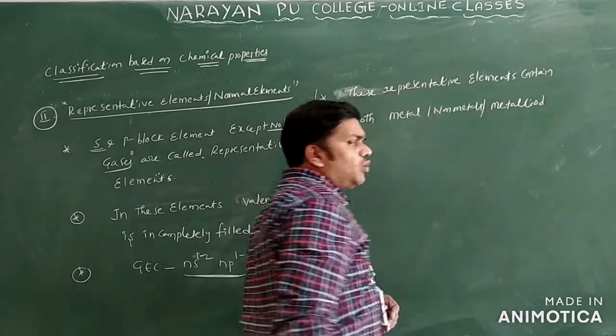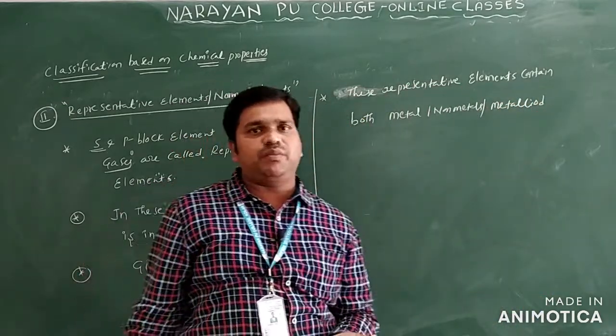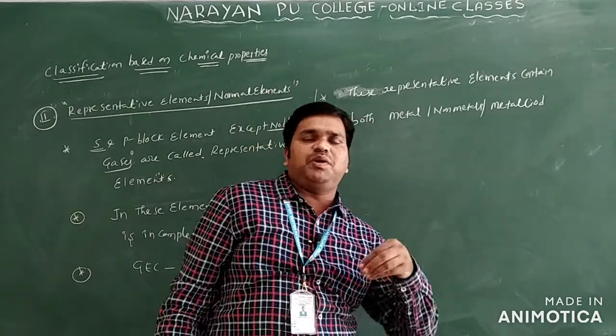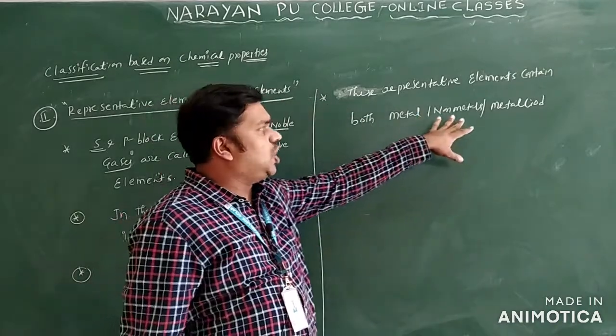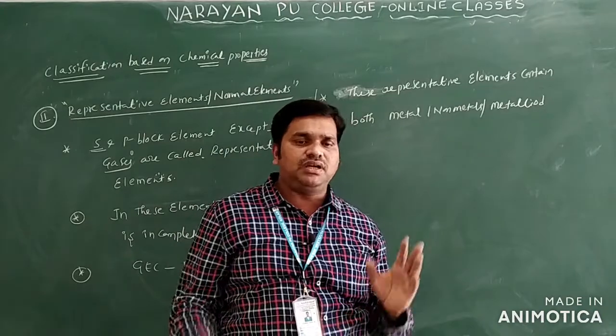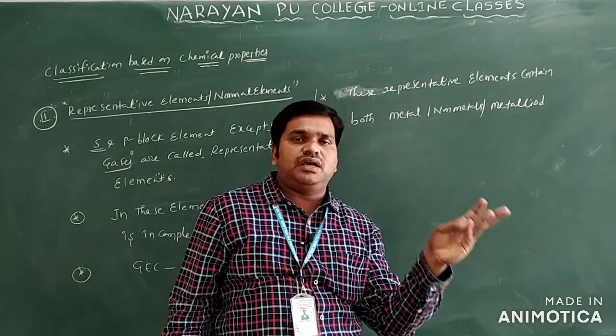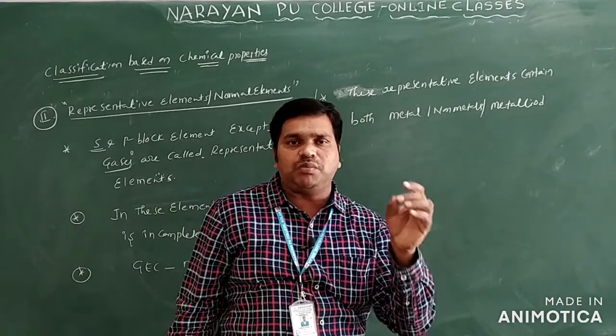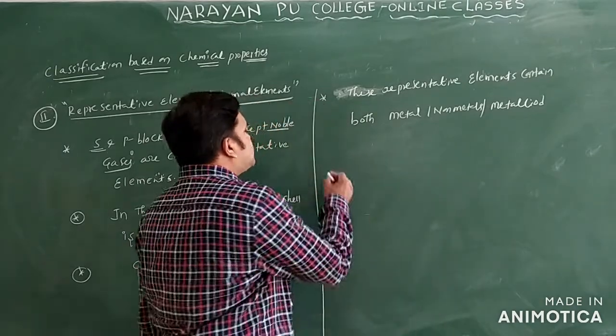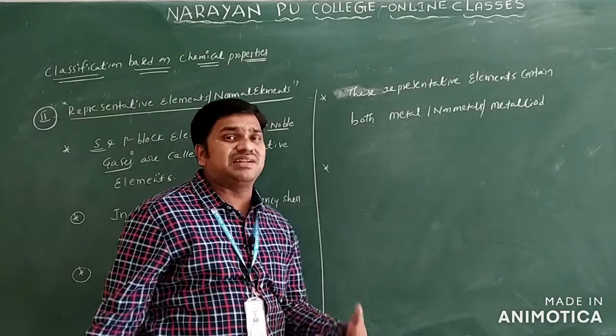Why? If you take only S block elements, the majority are metals. If you pick the P block elements, non-metals are there, metalloids also there. But in representative elements, three types are there: metals, metalloids, and one more, non-metals also. So these elements undergo chemical reactions only.